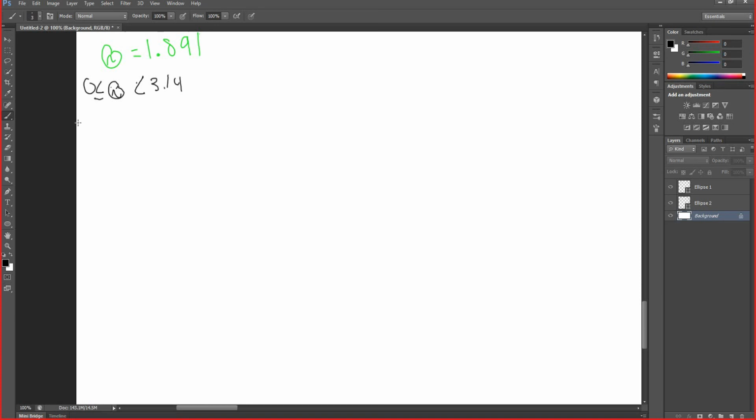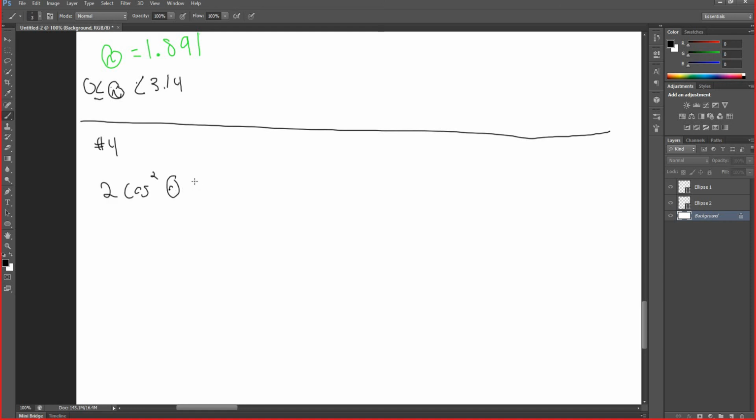So for the last one that we'll go through together, number 4, we have 2 cosine squared of theta plus 5 cosine theta minus 6 is equal to 0. Again, this is going to be from 0 to 2 pi.